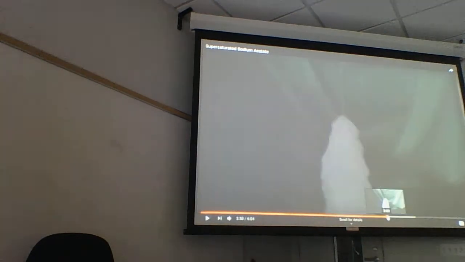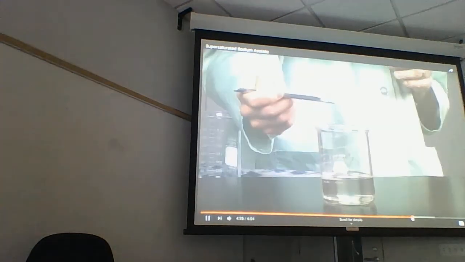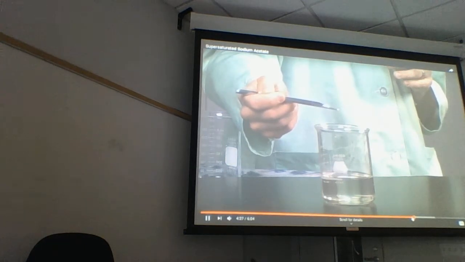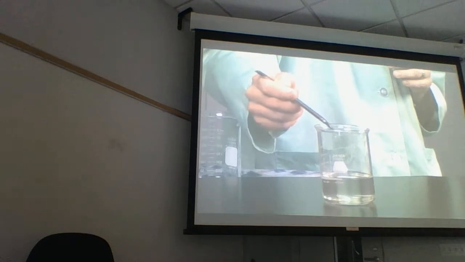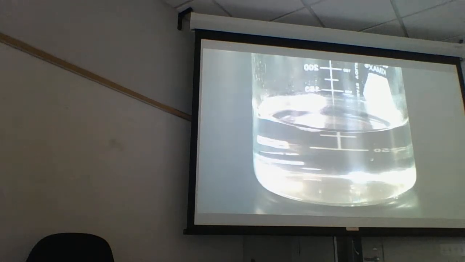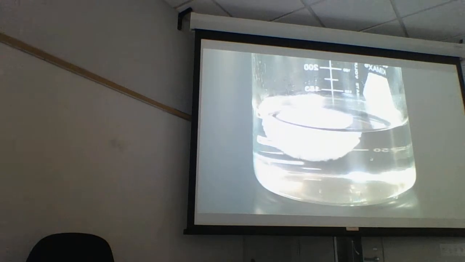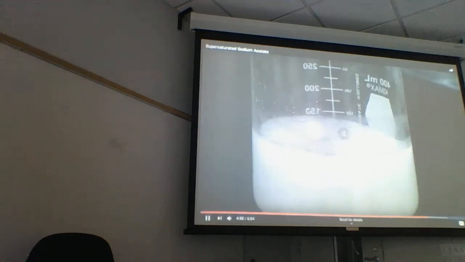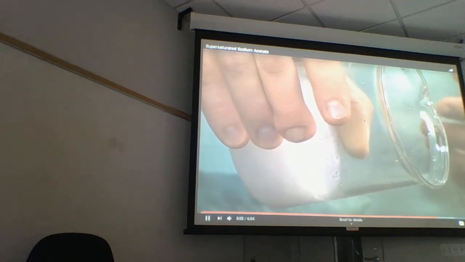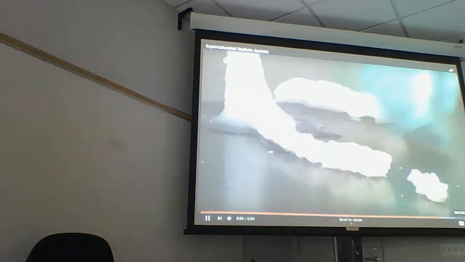All right, let's fast forward that. This is a seed crystal in a beaker here. Again, just showing crystallization. There's so little water, so much sodium acetate.